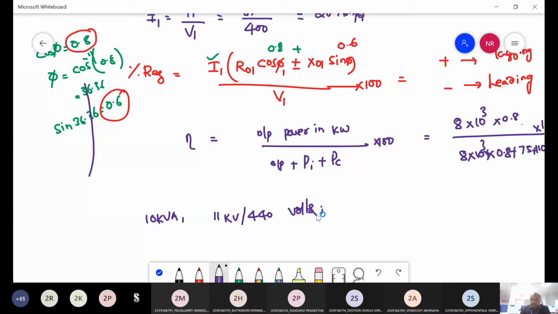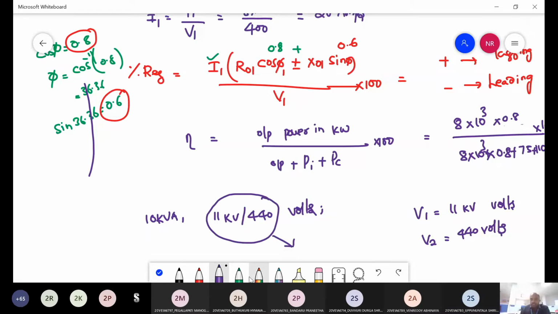It means here 10 kVA is the power, V1 is the 11 kV, and V2 is the 440 volts. This is not the K value. Yes, sir. This is not the K value.